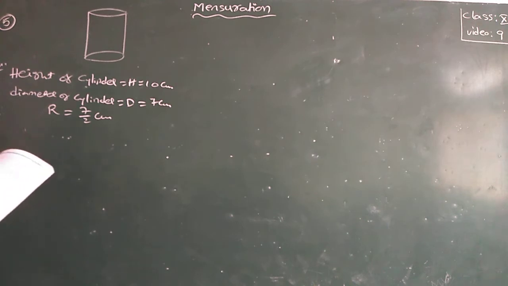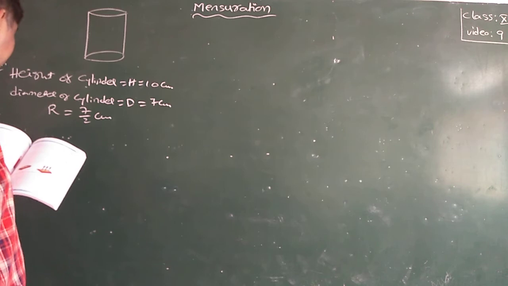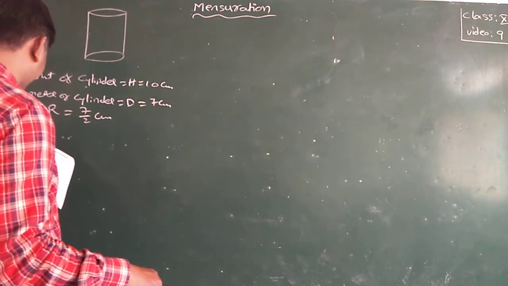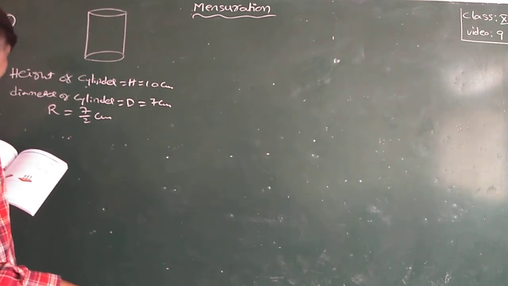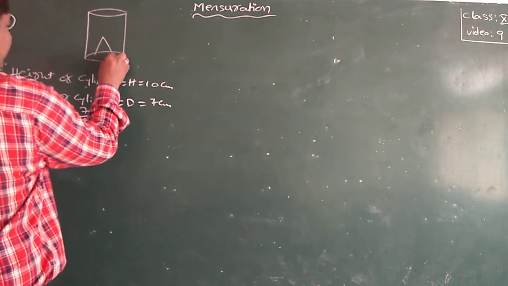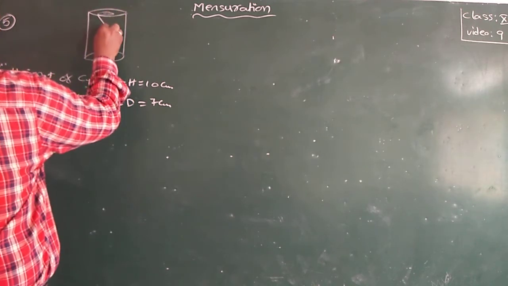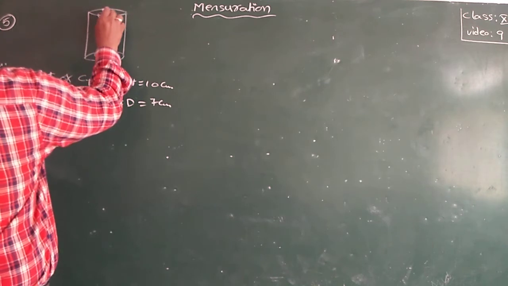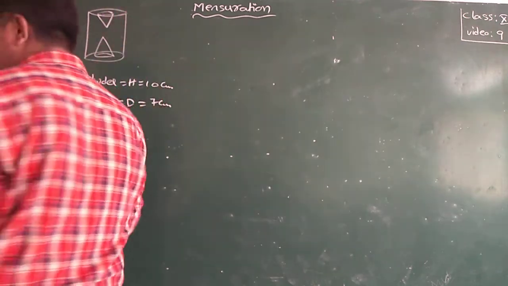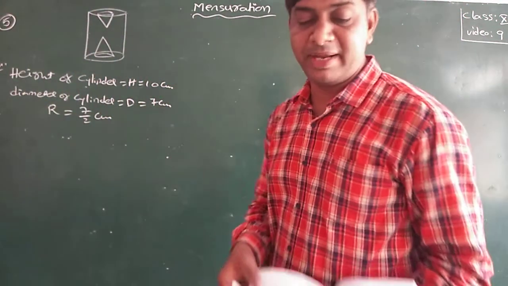Two equal conical holes of radius 3 centimeters and height 4 centimeters are cut off as shown in the figure. Two cones are removed. Find the volume of the remaining solid.